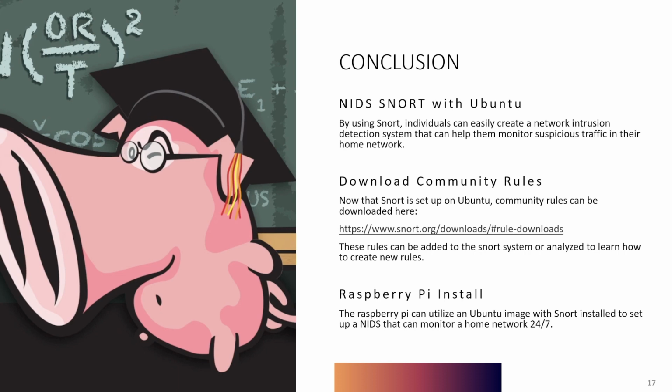Another cool thing you can do is install Ubuntu on your Raspberry Pi and then have Snort running 24/7 on your network, which is pretty cool. That's something I might get into if you're interested, but it should be pretty simple to set up. You just add the Ubuntu ISO on your memory stick and then install it into your Raspberry Pi. And you do the same setup as we went through in this course.